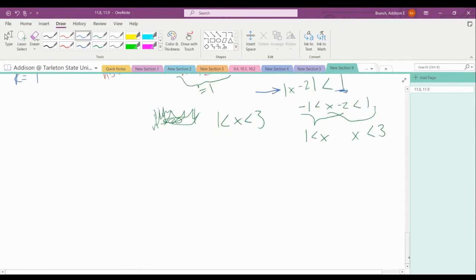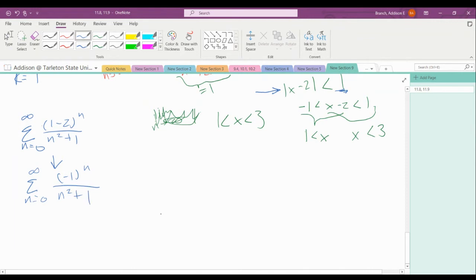For our first endpoint, 1, we get (1 minus 2)^n over n squared plus 1, and of course that gives us (negative 1)^n over n squared plus 1.